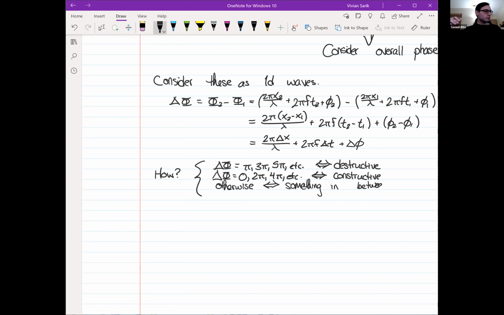So the question then is, what can affect delta phi? Well, we've already talked about this. The basic gist is that they could travel different distances. That's probably the most basic.